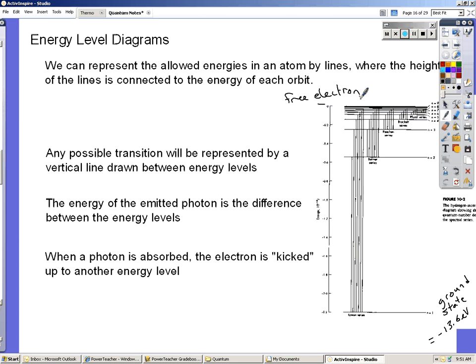The next energy, the n equals 2 state, we call this n equals 1, n equals 2 state, has an energy of negative 3.4 electron volts.